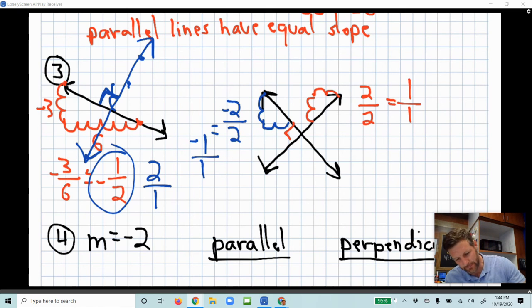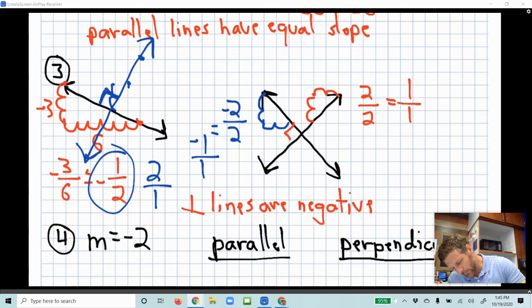So the way we write this, we can say that perpendicular lines are negative reciprocals. So you change the sign and you flip it.